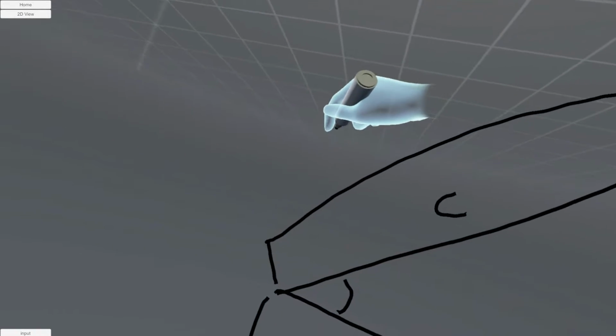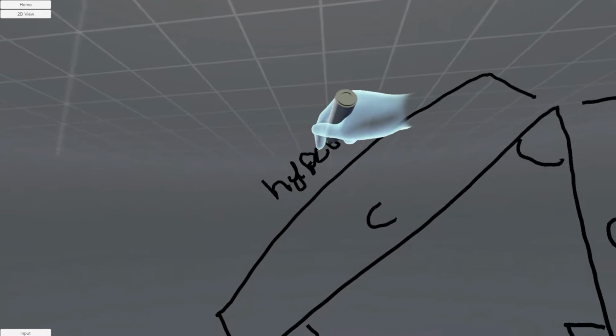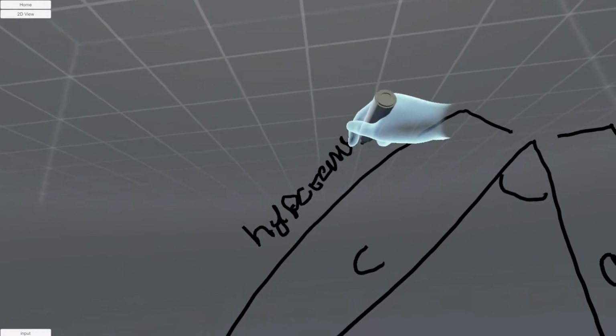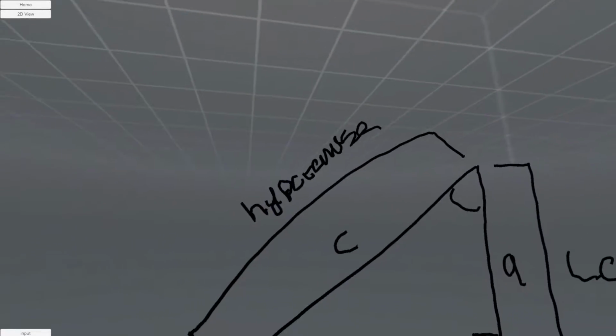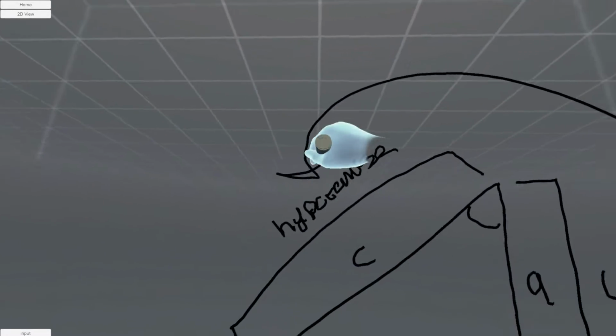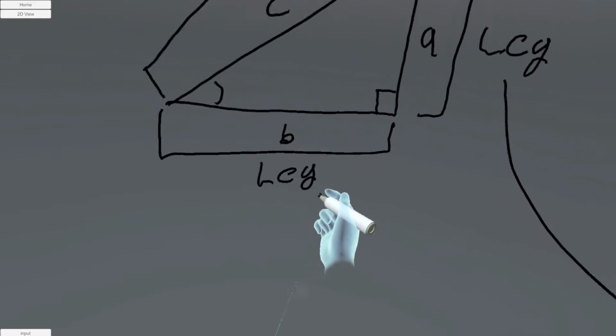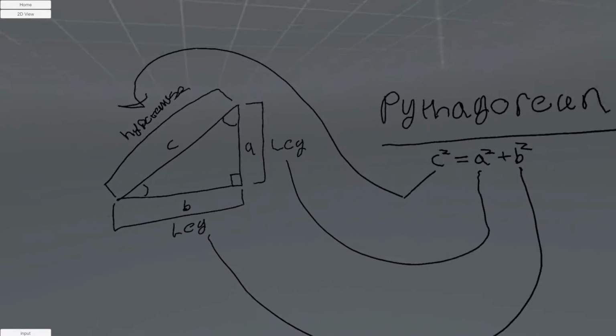Okay, this is the hypotenuse, H-Y-P-O-T-E-N-U-S-E. Okay, this is the hypotenuse. This is this leg here, and this is this leg here.